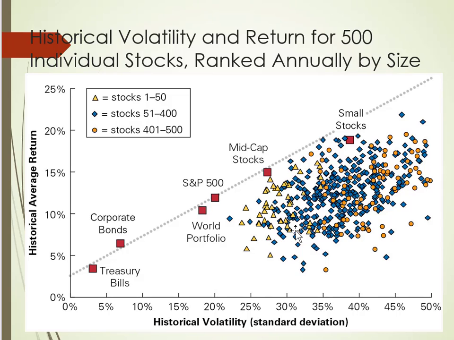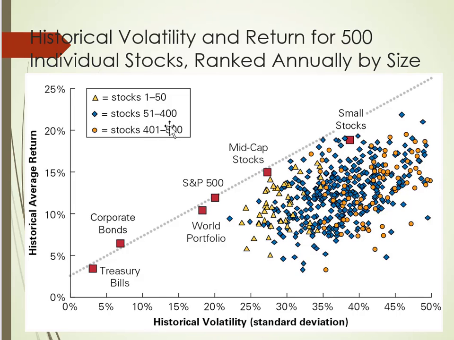If you notice, these 50 largest companies are down in this area here. Remember we had a graph earlier showing how the sectors spread out. Now we're looking at individual stocks, their risk and return, and the largest 50 are in this area.